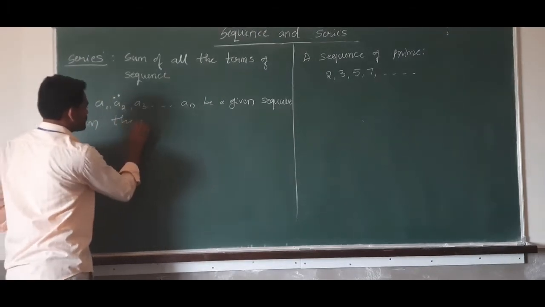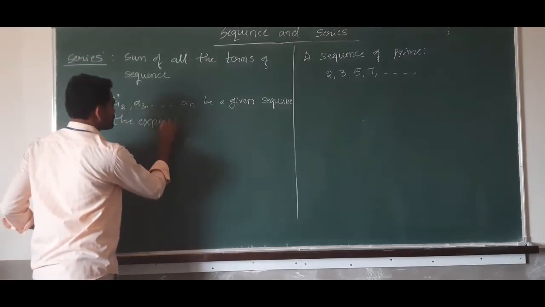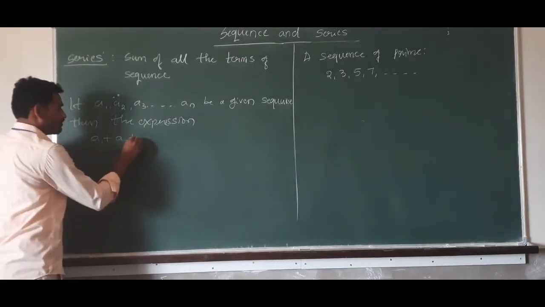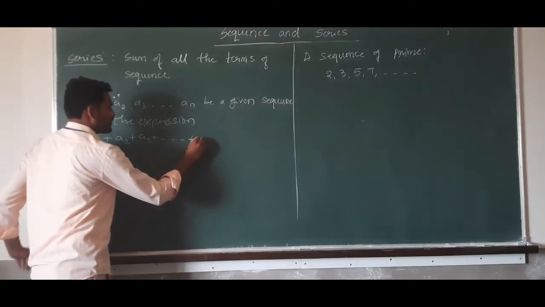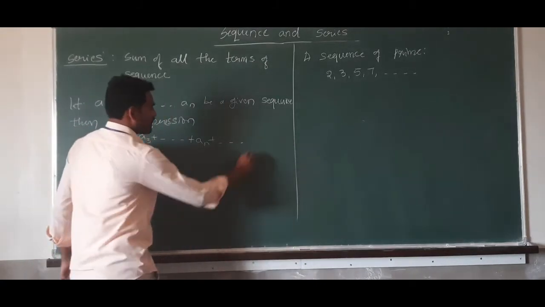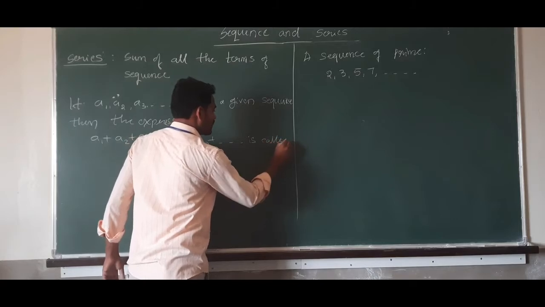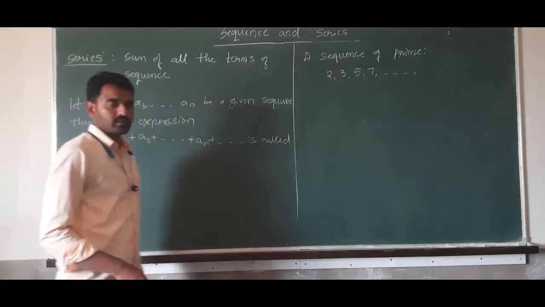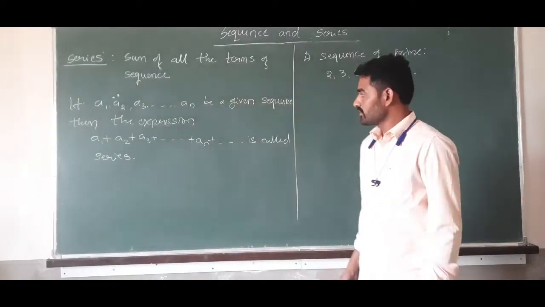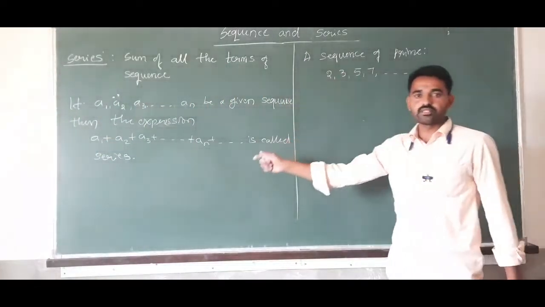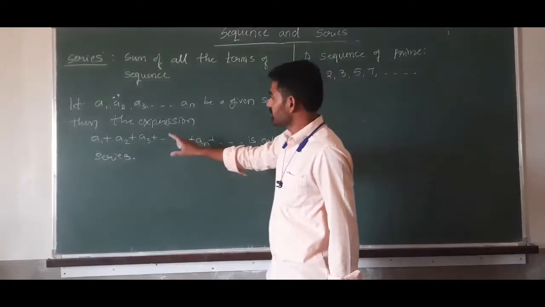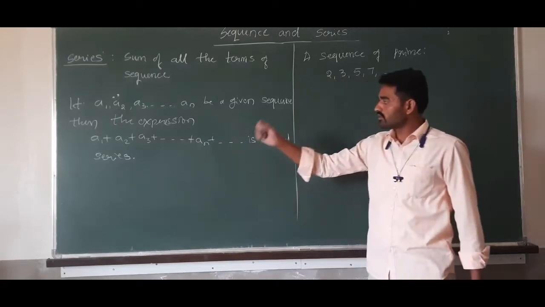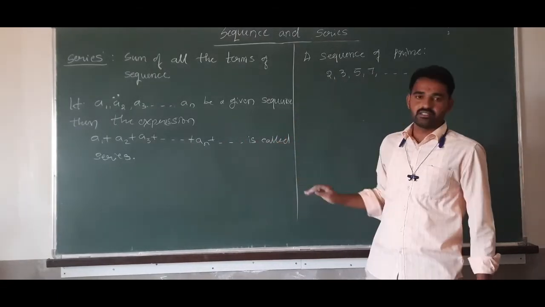Then the expression A1 plus A2 plus A3 plus and so on plus an is called a series. The sum of all the terms of the sequence is called the series.